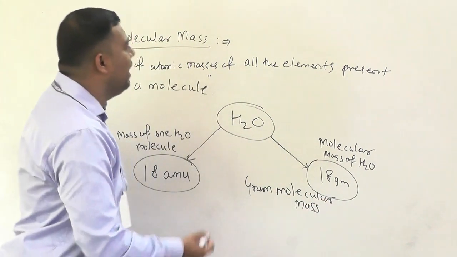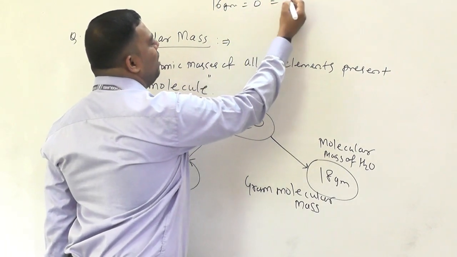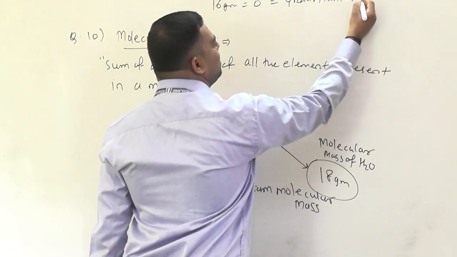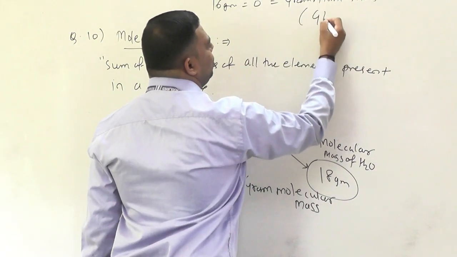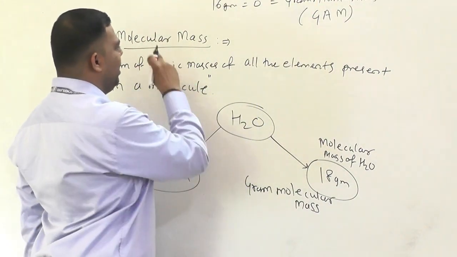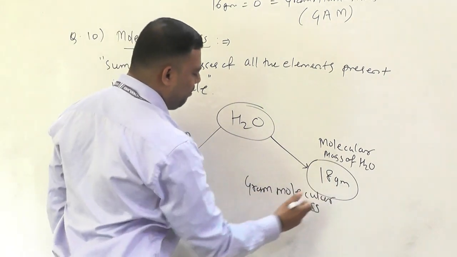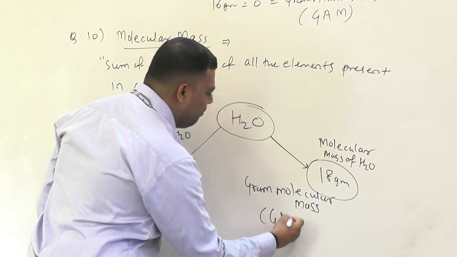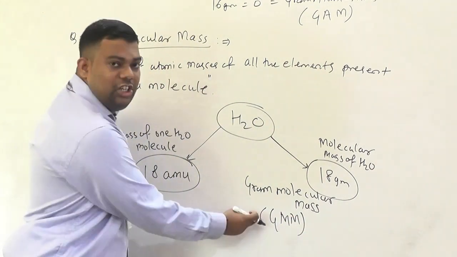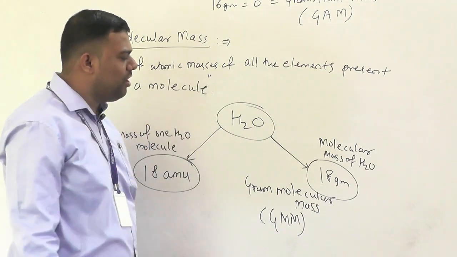Regarding 16 gram of oxygen, we call it gram atomic mass, that is GAM. And in molecular mass, 18 gram of water is gram molecular mass, GMM. Understood? Very much important.